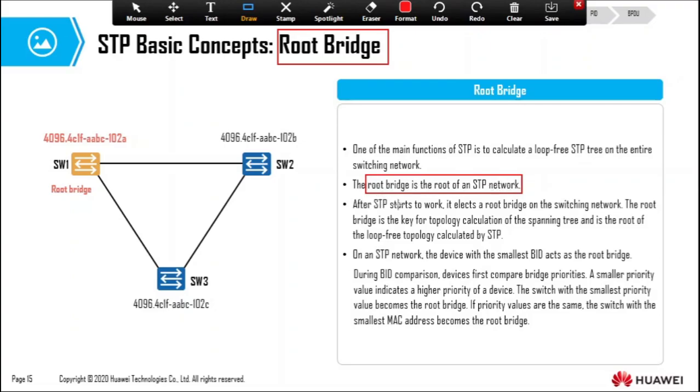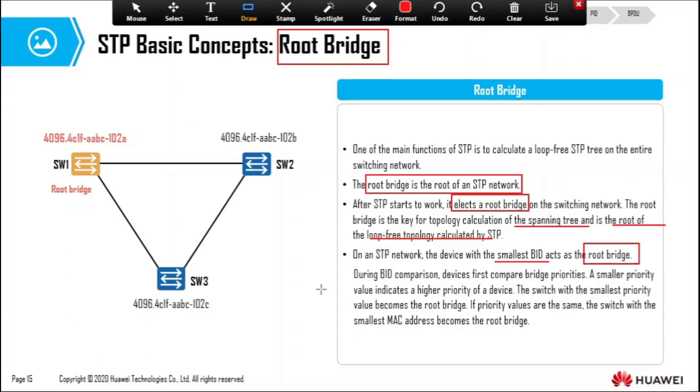After STP starts to work, what does it do? It elects the root bridge. The root bridge is key for topology calculation of the spanning tree. The device with the smallest BID, bridge identifier, is elected as the root bridge.